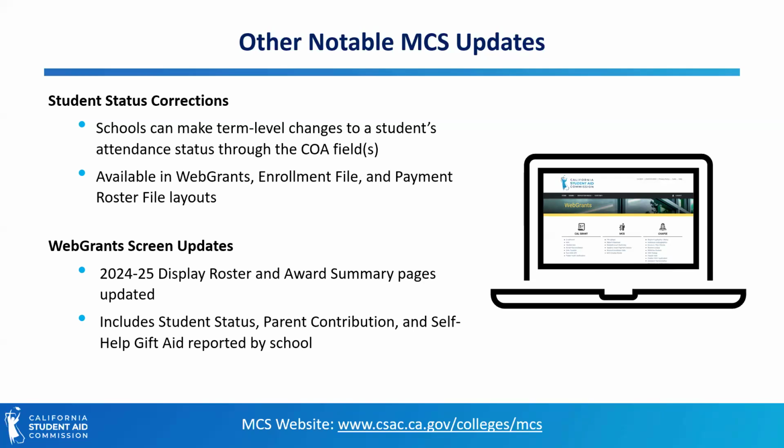It used to be where you'd have to contact CSAC, the award would have to be withdrawn and then reprocessed, but now this is a feature available in web grants, in the enrollment file, and in the payment roster file layouts. Again, we'll be covering this in more detail on Wednesday in session C.